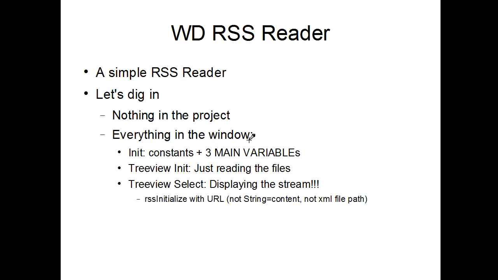So that clearly reads the feed from the internet. It reads the XML file. And then it takes everything from the XML file and puts it in our RSS stream variable. And from there, we are just doing a table display. That's all. We are not filling the table, we are not doing anything, just a table display.